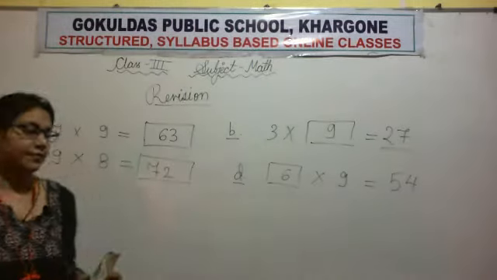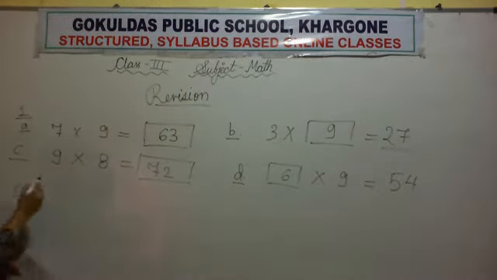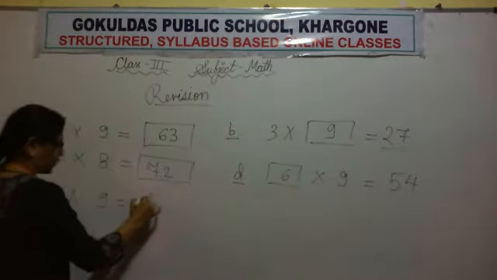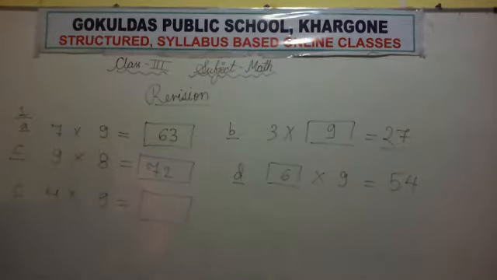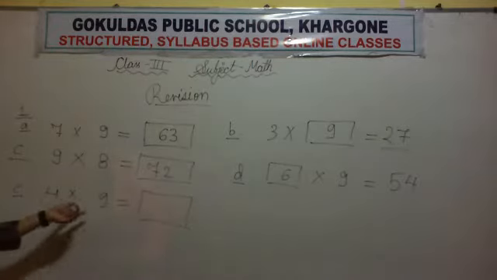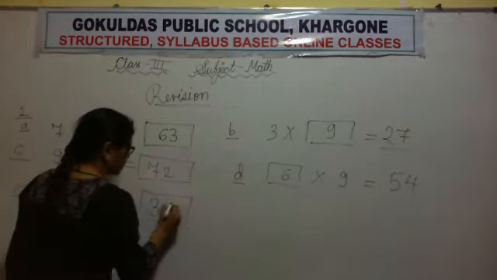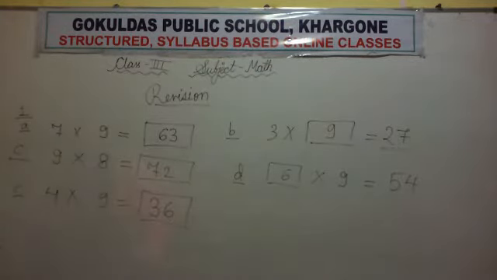The next one, question E of the same: 4 into 9 is equals to blank. So 4 nines are, or 9 fours are, 36. 4 nines are 36 or 9 fours are also 36. So we'll write 36 in the box.